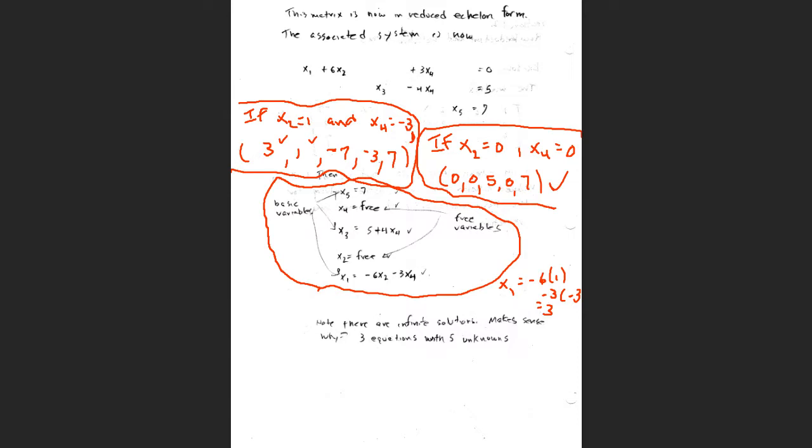X3 is 5 plus 4 times x4. That is -7. Yep, that's right. Good. So you see, we could do this all day. We could pick different values for x2 and x4 because they're free variables, and then we can solve for the basic variables. And what happens is you generate some subspace in five-dimensional space because the points have 5 coordinates.